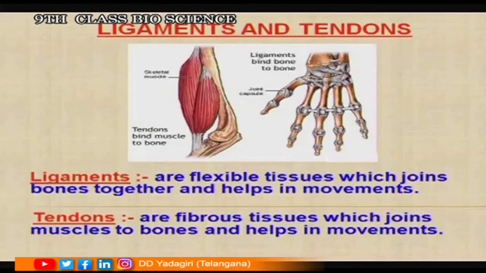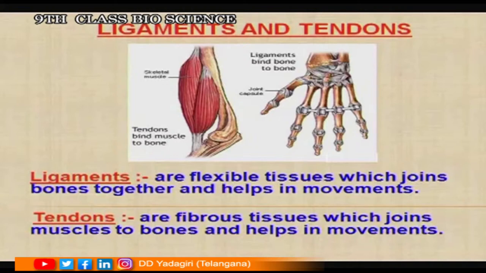This tissue is known as ligaments and tendons. The ligaments are the flexible tissue which joins bones together and helps in movement, and the tendons are the fibrous tissue which joins muscles to the bones and helps in movements.